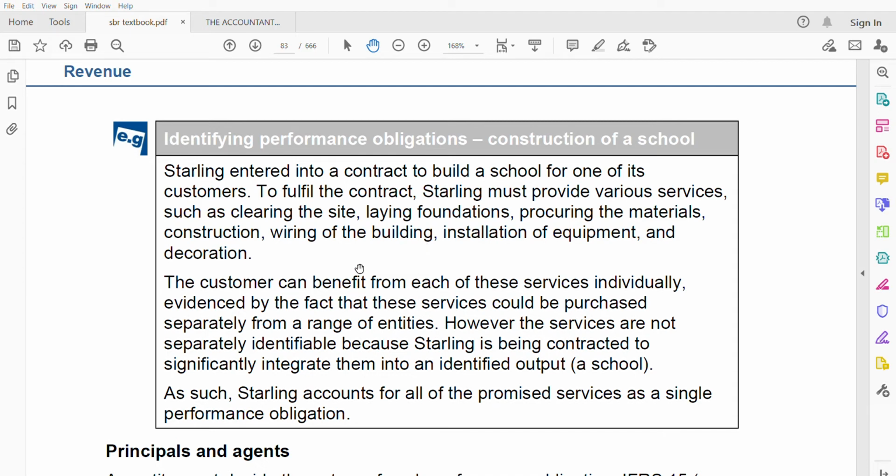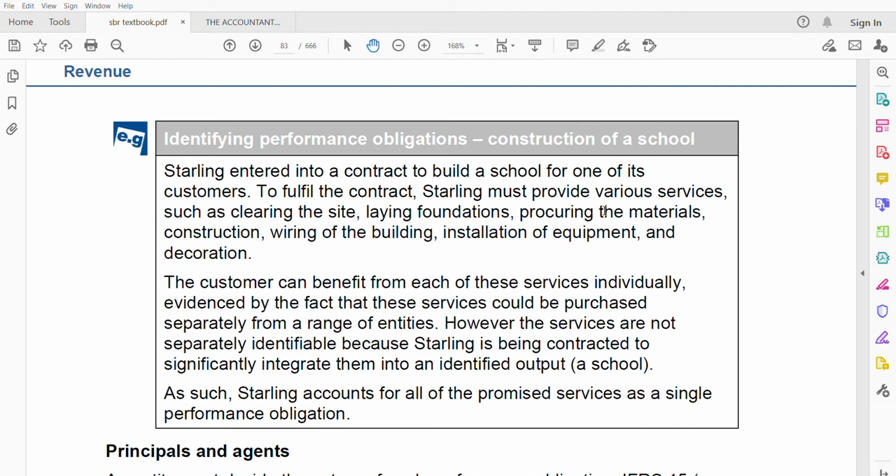How is it evidenced that the customer can benefit from the services individually? Because the roles are separated between different people. Not one person is doing everything. One person will be clearing the site, another will build the school. Building a school is one thing, but within that there are many other things you need to do. You are giving the contract for clearing the site to someone else, the contract to lay the foundation to someone else.